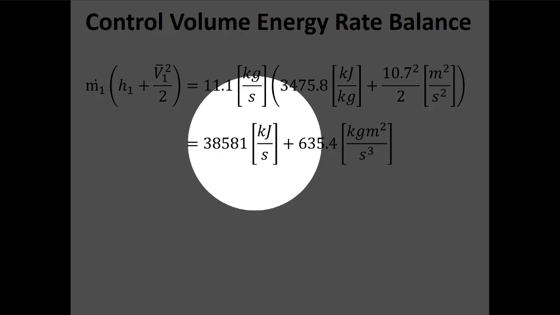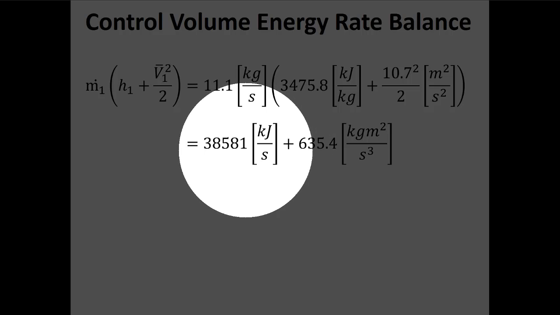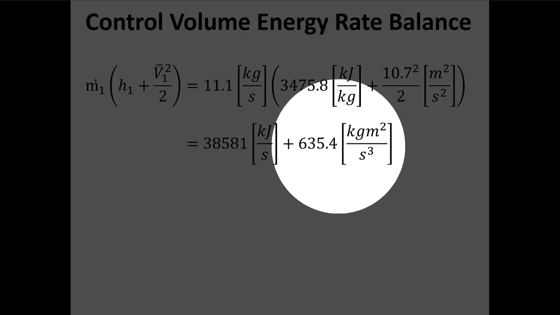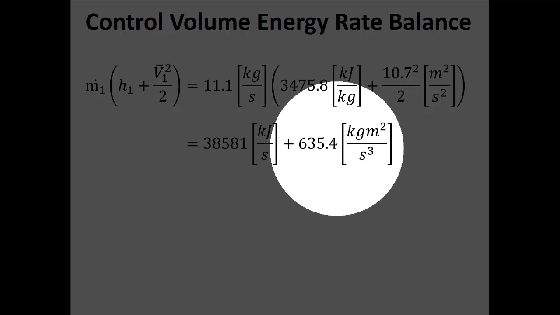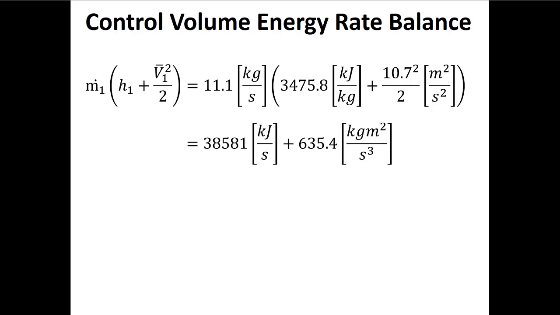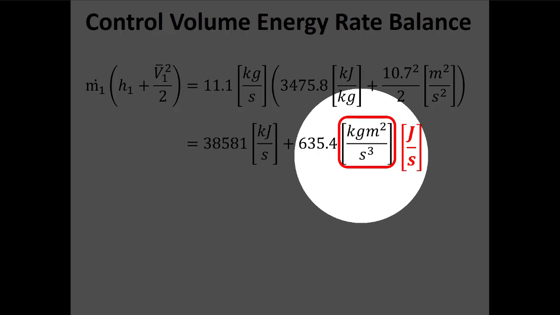So this is nice, because I'm trying to find power, and a kilojoule per second is a kilowatt. So that's good. This is what I'm expecting. But over here, I got 635.4 kilogram meter squared per second cubed. I don't necessarily know what that is, so I've got to think a little bit. I can use Newton's second law to turn the kilograms into newtons, and then eventually I'm going to get newton meters per second.